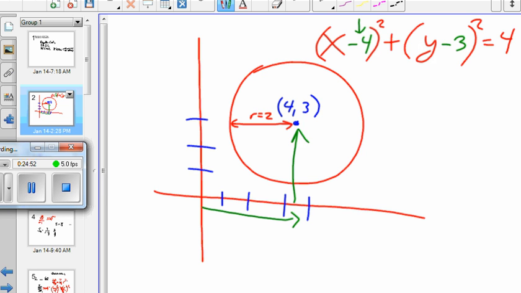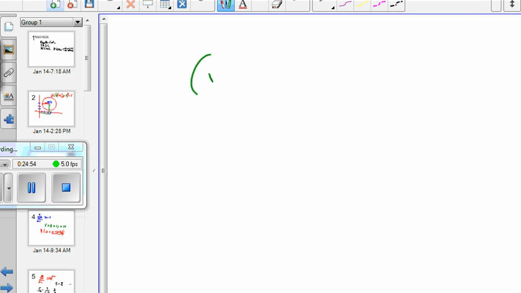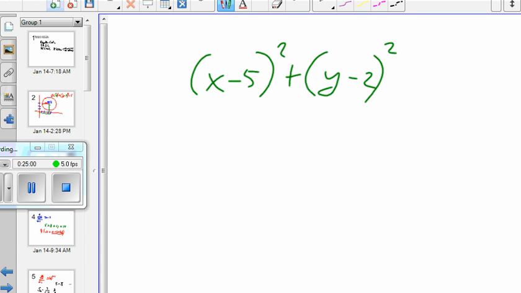I'm going to give you another one like it and see if you really get it. What if I had this? First, what is its radius? 4. Because the radius squared is 16, therefore the radius must have been 4.